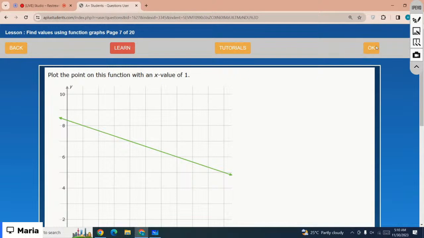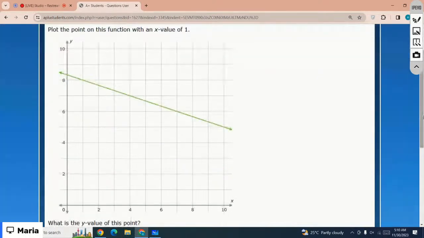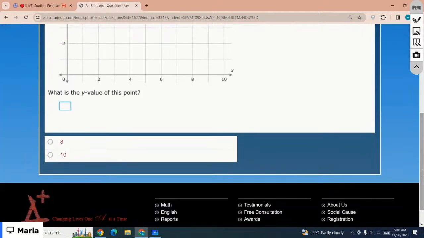Okay, plot the point on the function with an x value of 1. So when x equals 1, here it is, the y value is 8.